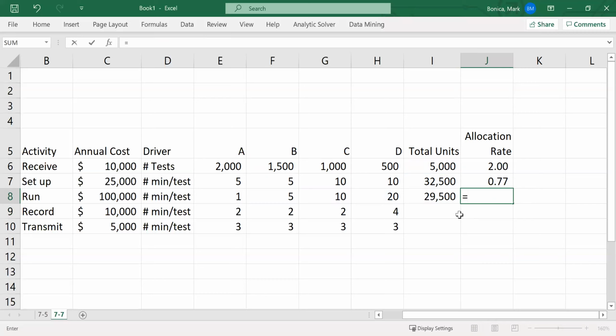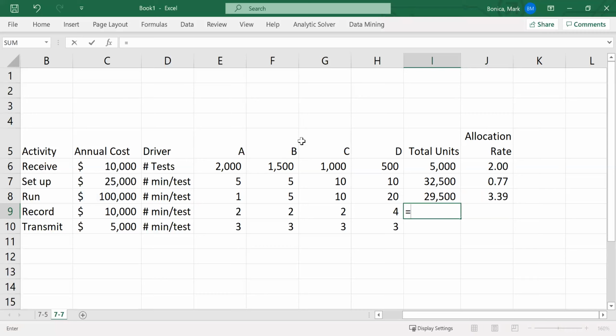To calculate the cost per minute for running, we take 100,000 divided by the 29,500 minutes, and that gives us $3.39 per minute.